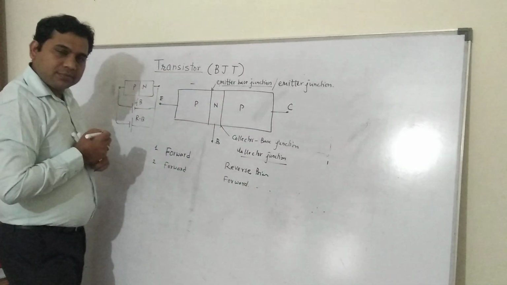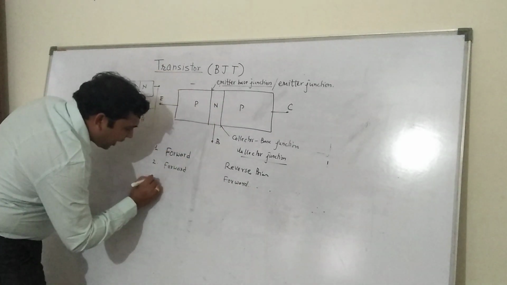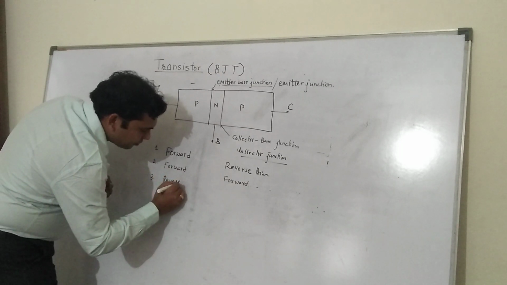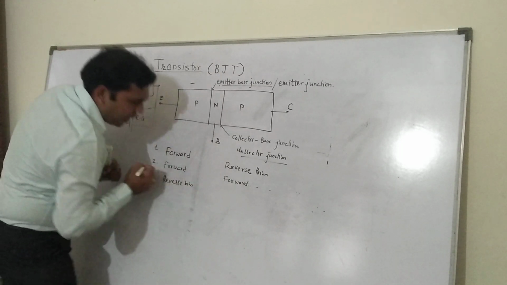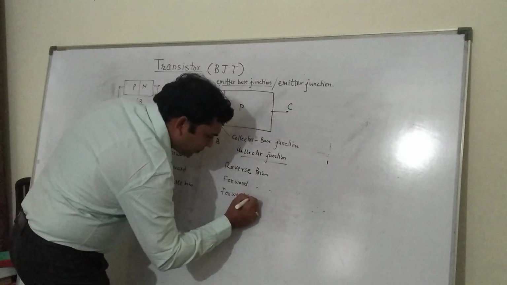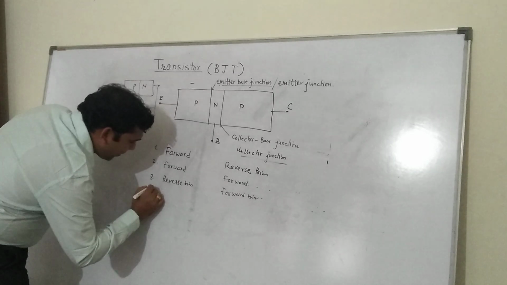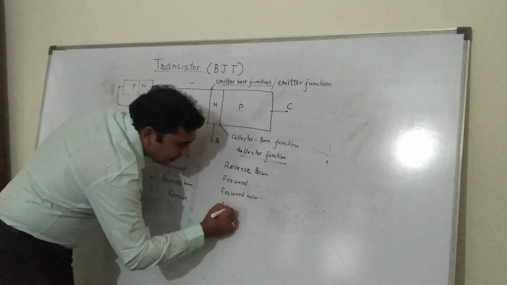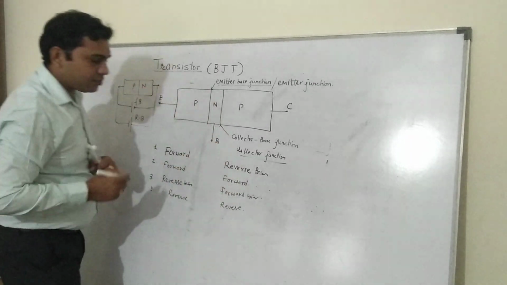Number two way: you apply a forward bias at the emitter base junction, and you also apply a forward bias at the collector base junction. Number three way: you apply a reverse bias at the emitter base junction, and you apply a forward bias at the collector base junction. Or you can apply reverse at the emitter base junction and reverse at the collector base junction.